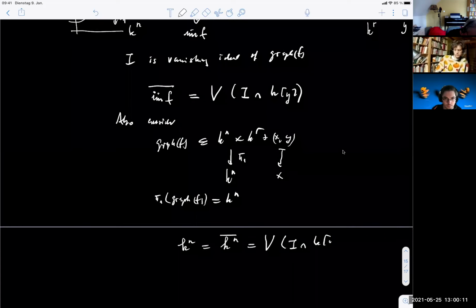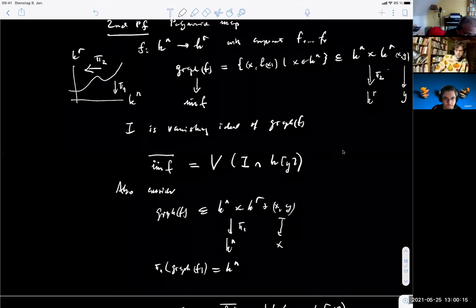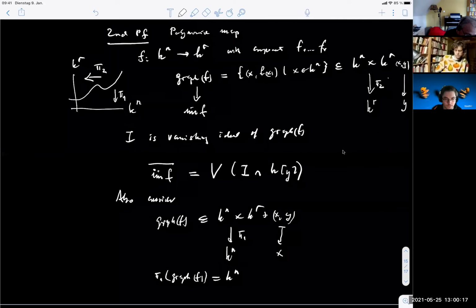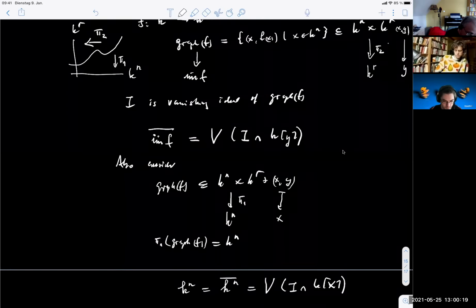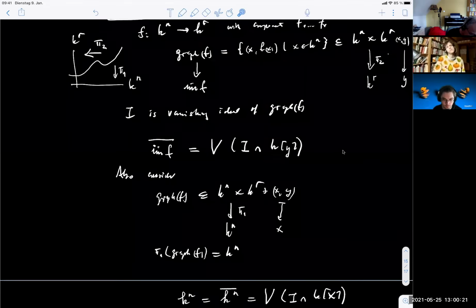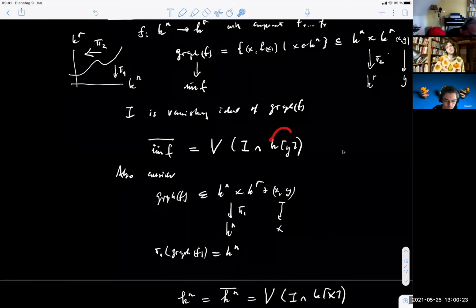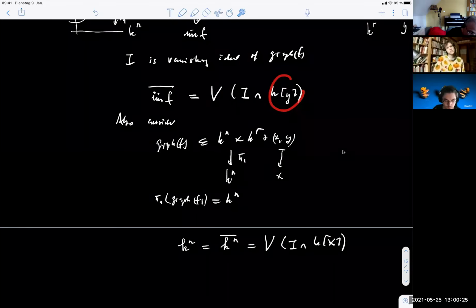Sorry about that. And here I have x. I've corrected it. Now you see, this is only possible if I intersected with K[x] equals 0. So now I have my second proof that this is true.